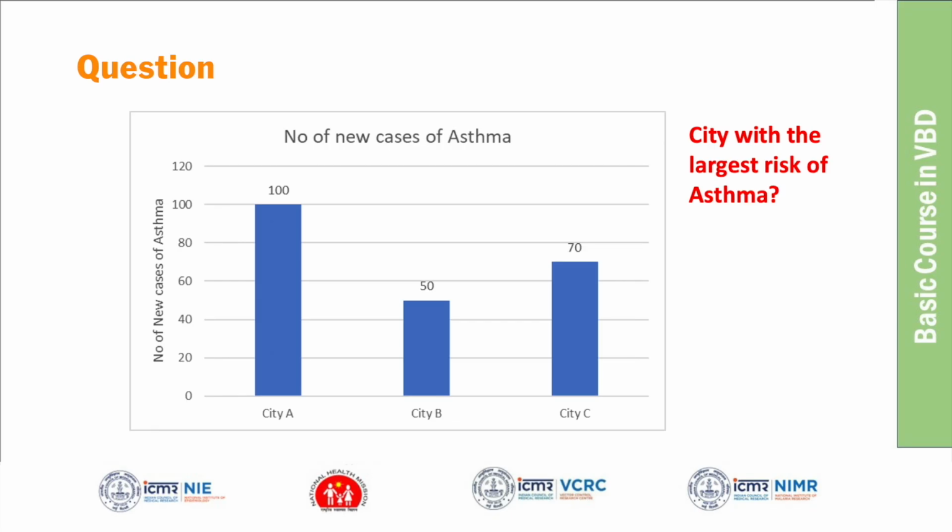So whenever anybody next time asks a question with a graph like this, you must say, what is the denominator? What is the total population at risk in city A, B, and C? Without knowing that, we cannot really say which city has the largest risk of asthma. So very good. That is the first take-home point for today's session.